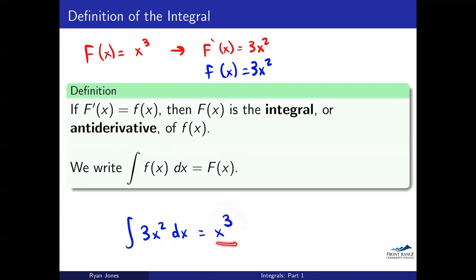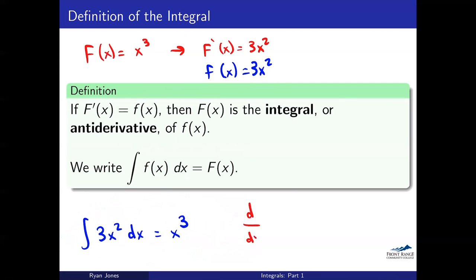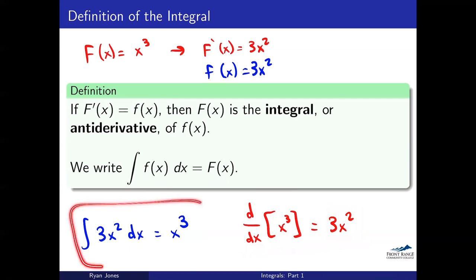I get my x cubed. This right here is kind of the same idea as in derivatives, when we might write d dx of x cubed is equal to 3x squared. When we write this out, what I've got here in the red, it's explicitly saying, hey, here's my function x cubed that I'm taking a derivative of. And when I do a derivative of that, I get a result here of 3x squared. And that's exactly what this is saying.